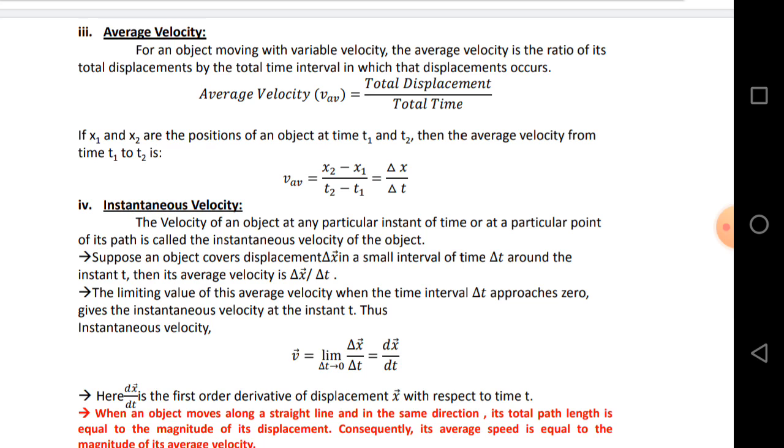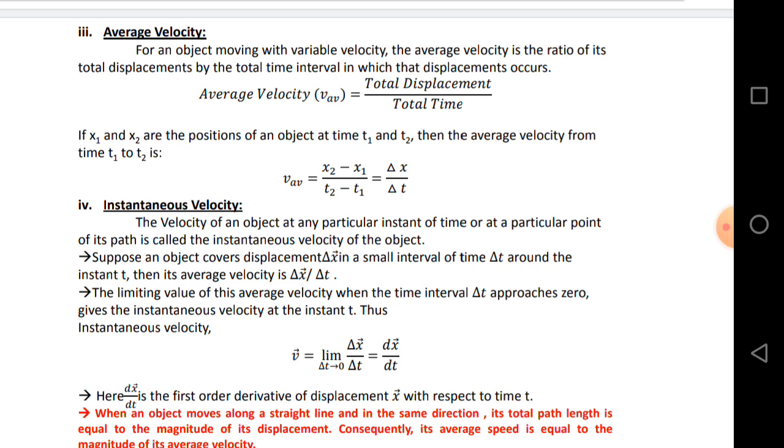Thus, the instantaneous velocity is v vector equal to limit del t approaches 0 of del x vector by del t. This can be written as dx vector by dt, the first order derivative of the displacement with respect to time.